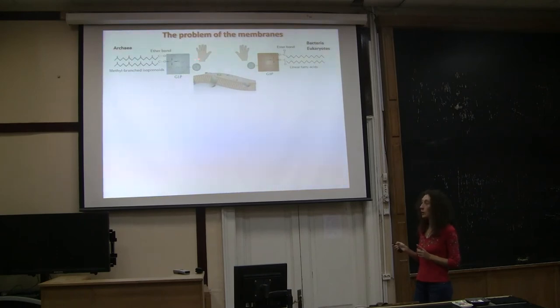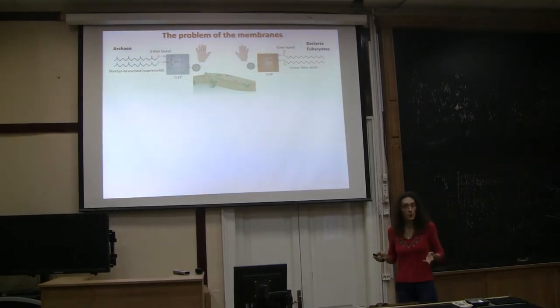So they have glycerol 1-phosphate moieties, usually bound by ether bonds and not ester, to branched isoprenoids. There are variations, but in general this is the structure. There is no single exception to this opposite stereochemistry of the glycerol phosphate.